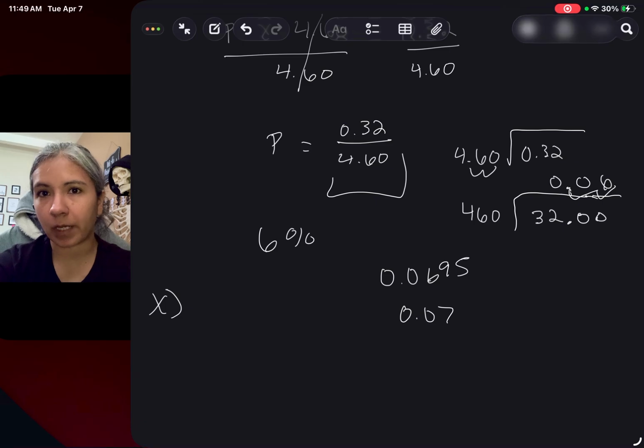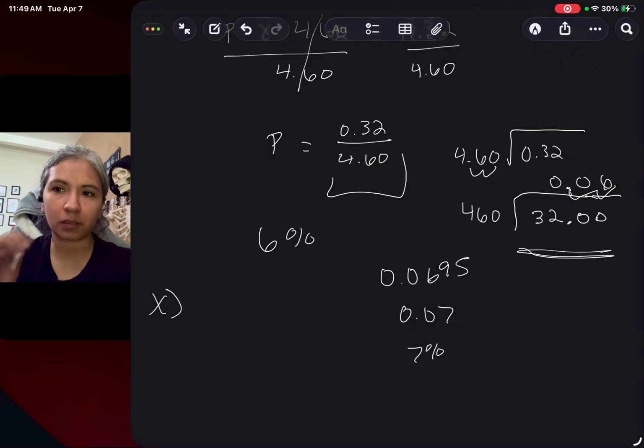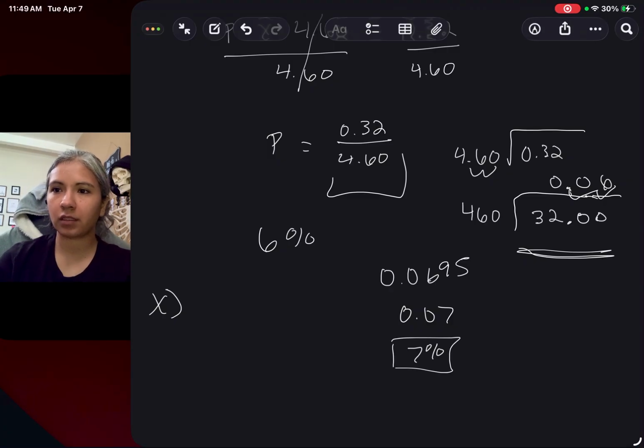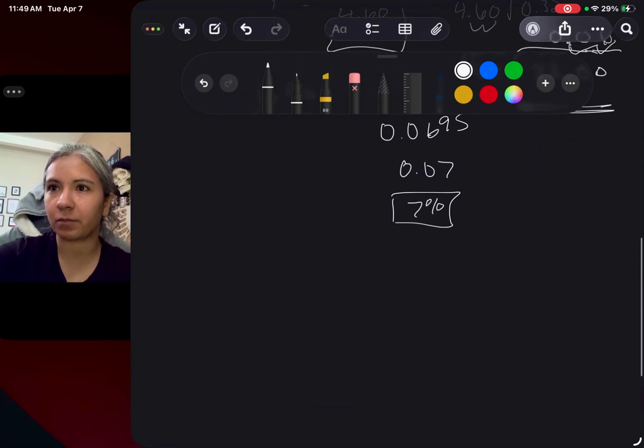So rounding, it would be 7%. But I was just doing it simpler because these are going into large numbers here. But if you do it in the calculator, this is more correct or closer to the right answer. Okay, let's go back and do our next example.